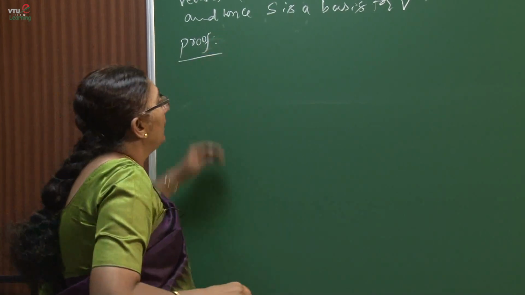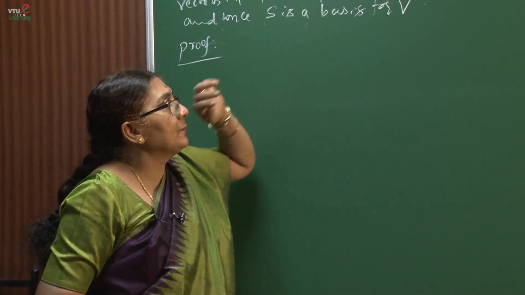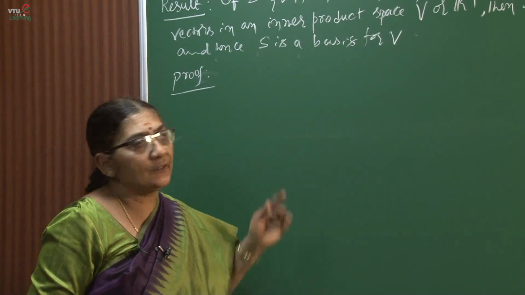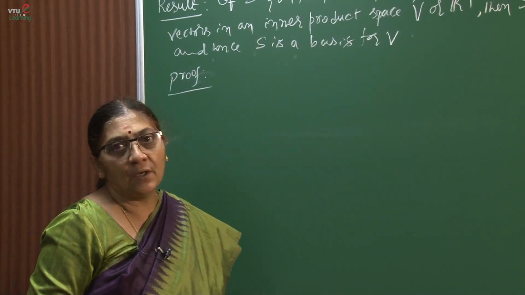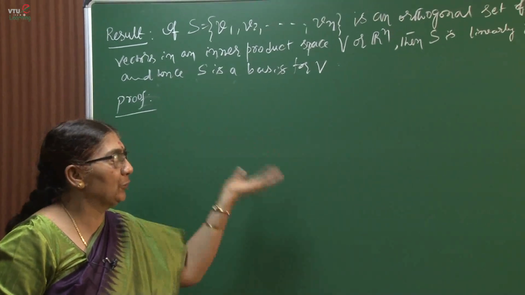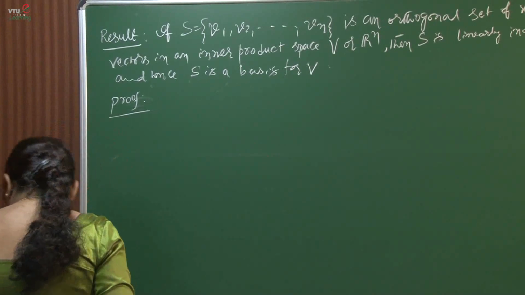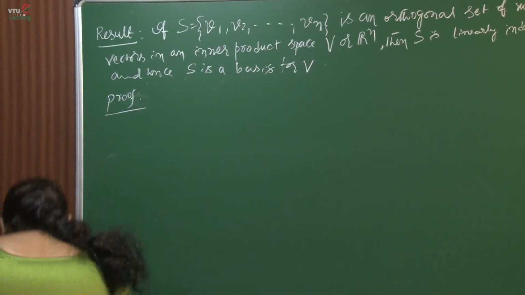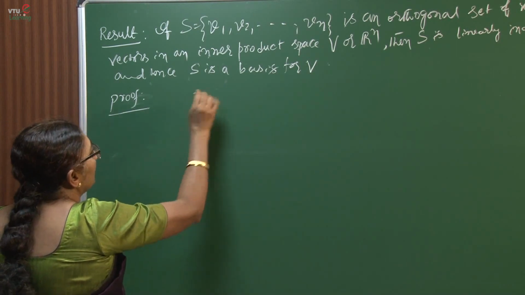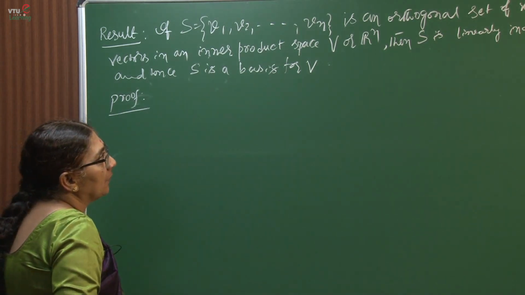They have given S as a set of n vectors. These vectors are an orthogonal set of non-zero vectors in an inner product space, or a set of real numbers with dimension n. First I have to prove that S is linearly independent. Linearly independent means what?